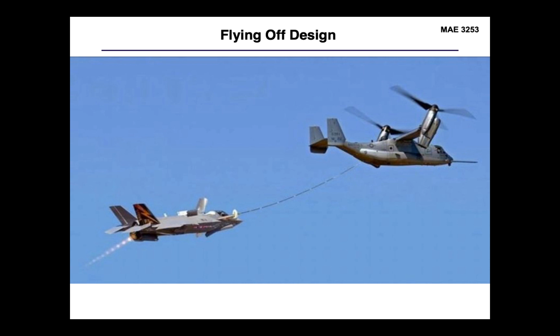In this case, they're deploying control surfaces and controlling their aircraft in such a way to be able to maintain the attitude and the speed in that off-design point in their flight envelope.